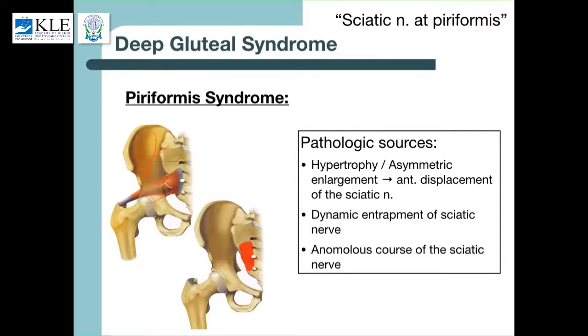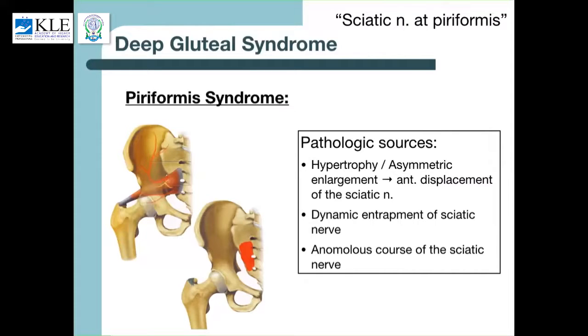As the sciatic nerve travels down and enters the level of the piriformis, we have a muscle, the piriformis muscle, which takes origin from the anterior surface of the sacrum, where it starts between the sacral foramen and the sacrotuberous ligaments, and it moves laterally to the greater trochanter.